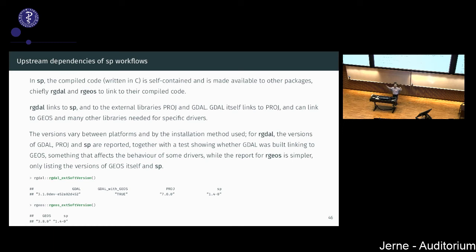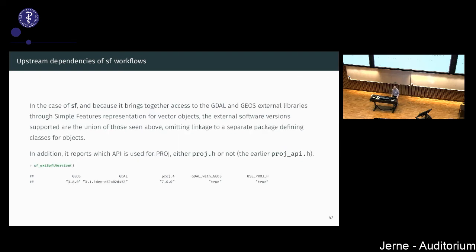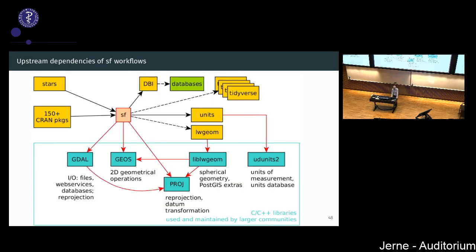Whenever the external software changes, iterates, there are consequences for our packages, and then there are consequences for all the packages which use our packages. And this applies just as much to the sp-based as the sf-based workflows. This is a picture of the sf workflows where you can see the dependency on GDAL and PROJ and GEOS.